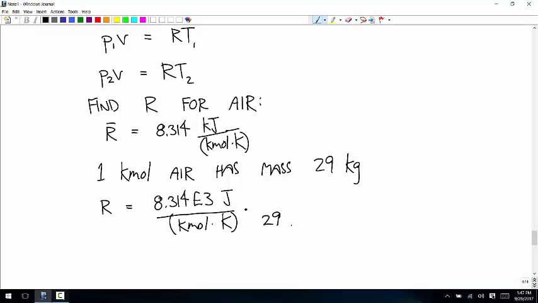So 29 kilograms per kilomole in the denominator. And we get R for air is equal to 286.69 joules per kilogram Kelvin.